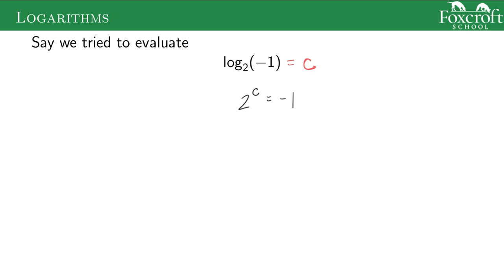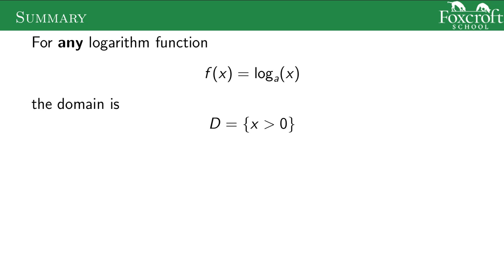You could try this forever, and it's never going to work. There's no exponent I can put on 2 to get a negative number out. You might think, what if I do 2 to the -1? Remember, negative exponents just turn it into a fraction, so that doesn't turn it into a negative number. So there's no way to give an exponent to turn something into a negative number. That tells me this doesn't work. I can't put negatives into a logarithm function.